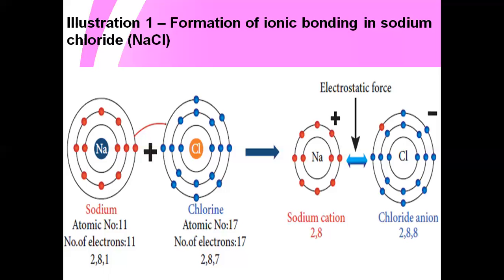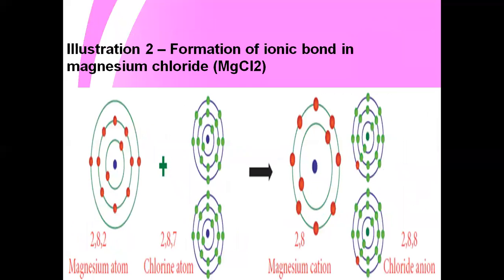Okay. So another example we have is magnesium chloride. The magnesium atom's electronic configuration is 2, 8, 2.